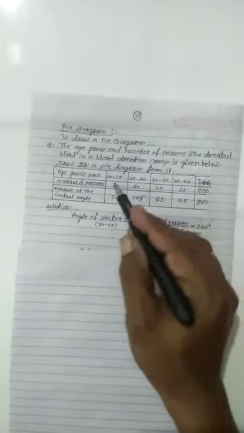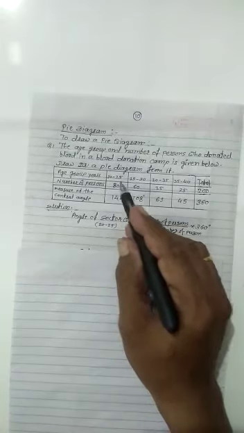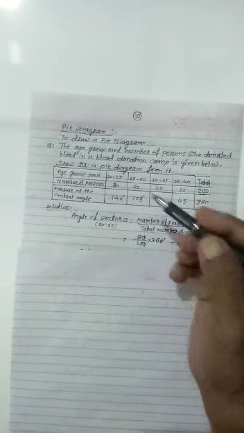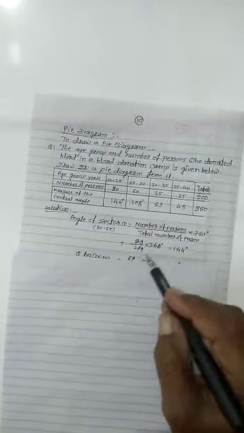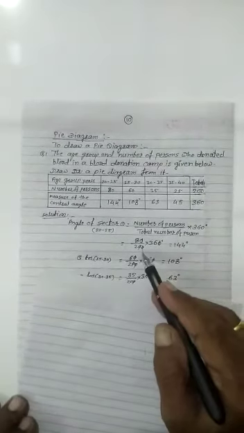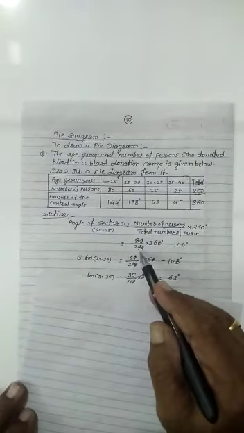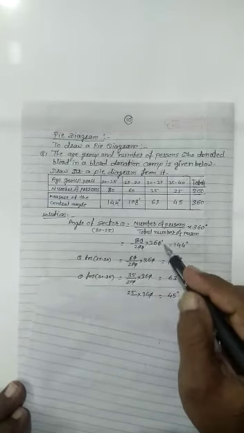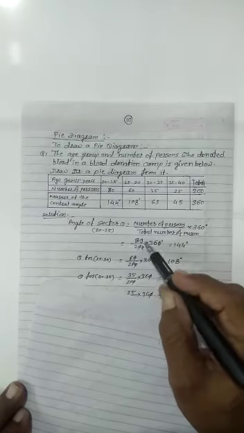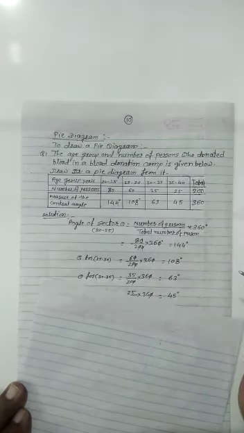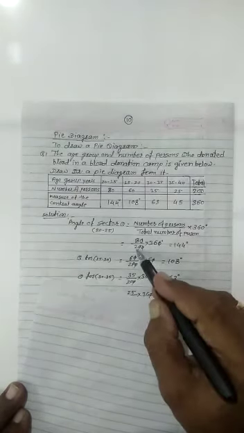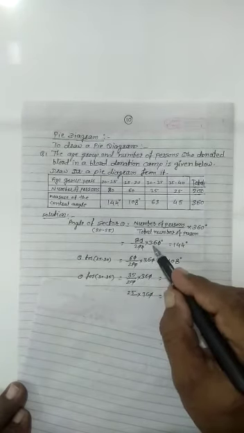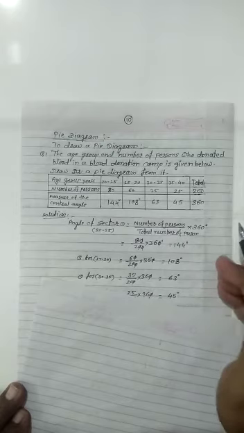See, for the first class 20 to 25 we find the measure for 80 persons. So write here 80 into 360 divided by 200. If we cancel this 0 and this 0, 8 divided by 2 is 4. 4 into 36 we get 144.